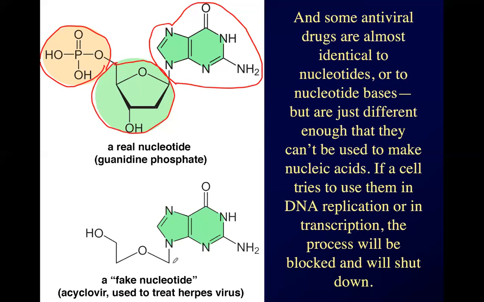Right here, down below, we've got guanine, but it's not stuck to ribose. It's just stuck to a couple of carbons instead of a complete ribose sugar. This is a fake nucleotide.